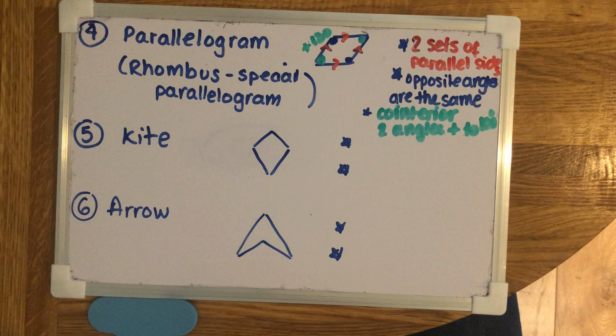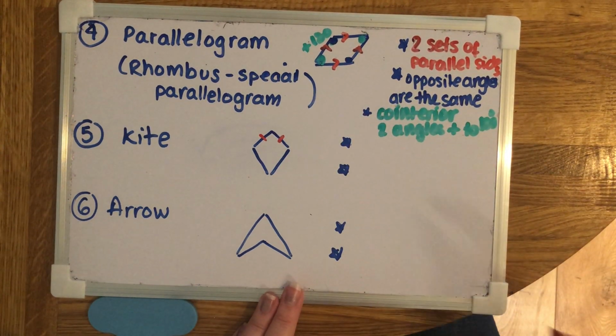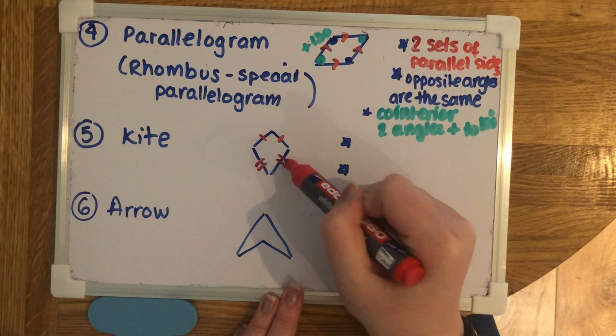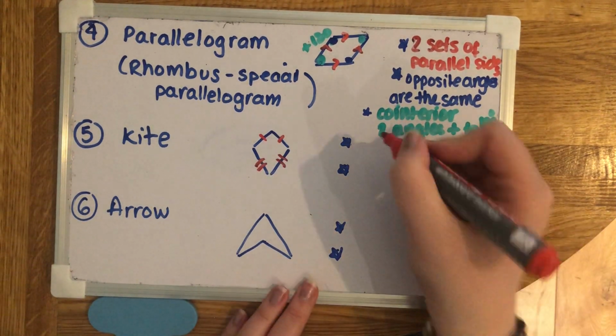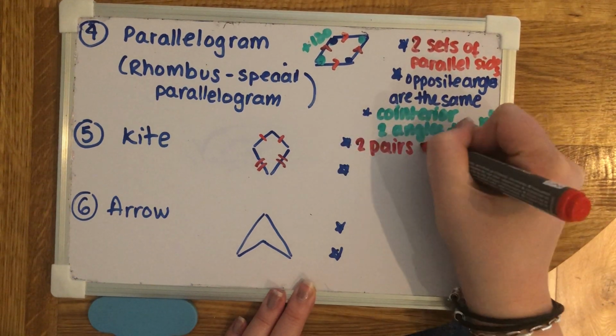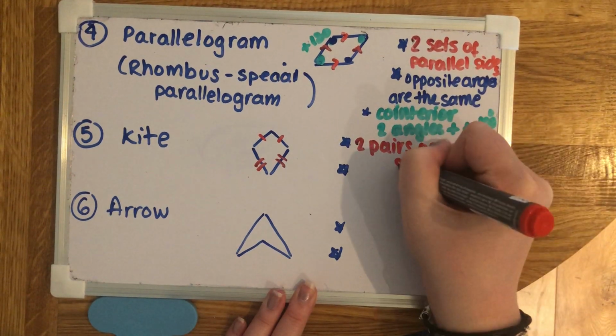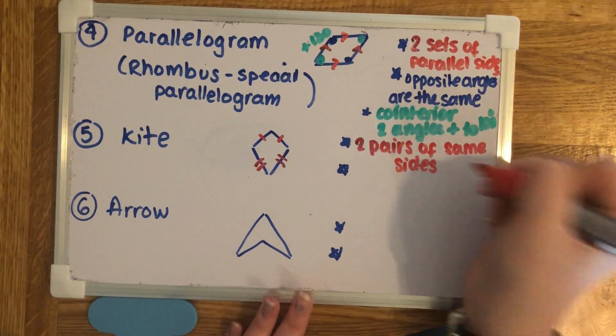Okay, these are getting to the more unusual ones now. So first one is a kite. Now, a special thing about the kite is that these two sides are the same, and then also these two sides are the same. So it's got two pairs of same sides.